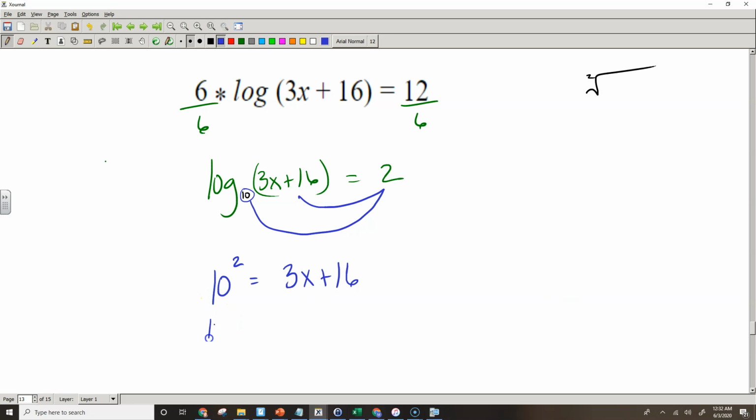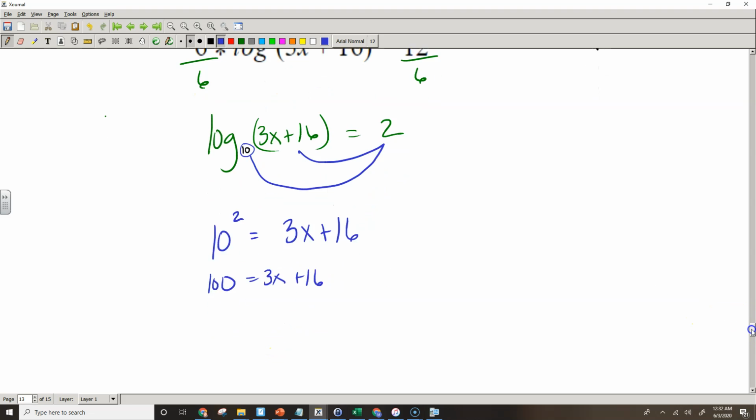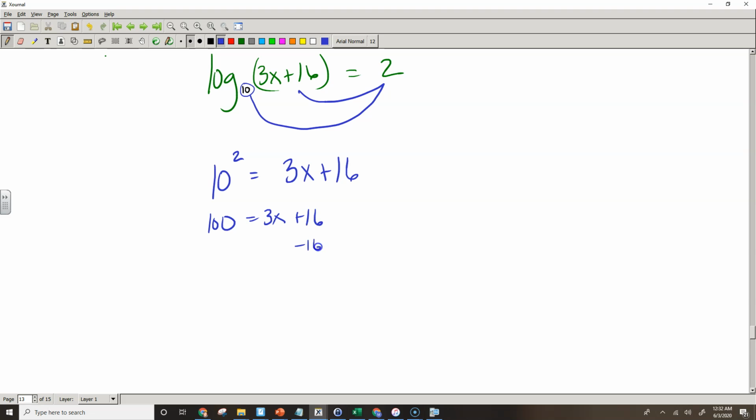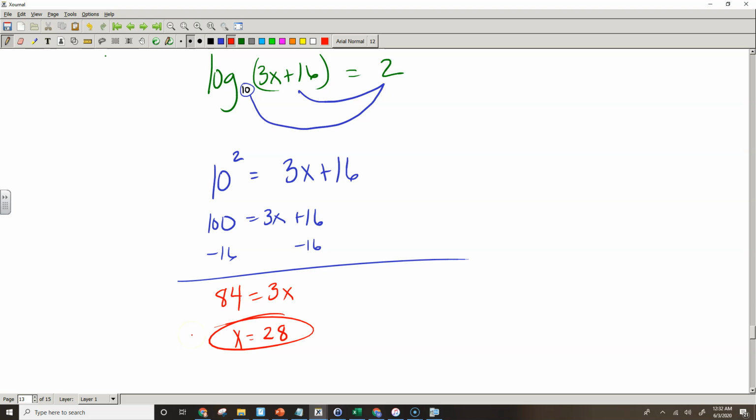We can go ahead and say this is 100 equals 3x plus 16. And then we can do our 2 steps here. So subtract 16, and we'll get 84 equals 3x. We can then divide by 3, and we can get x equals 28 for an answer.